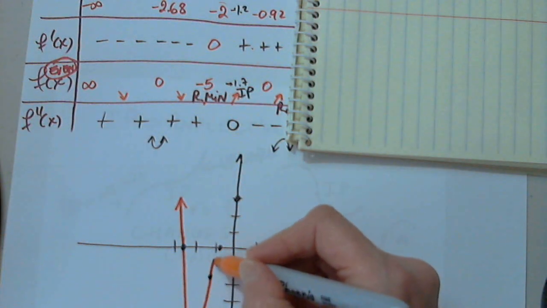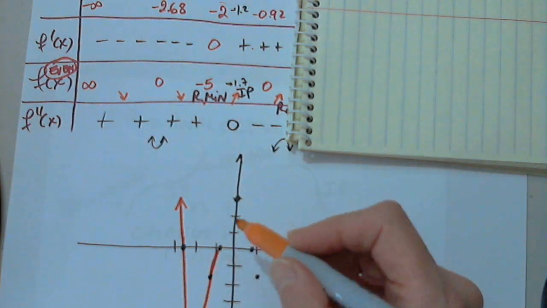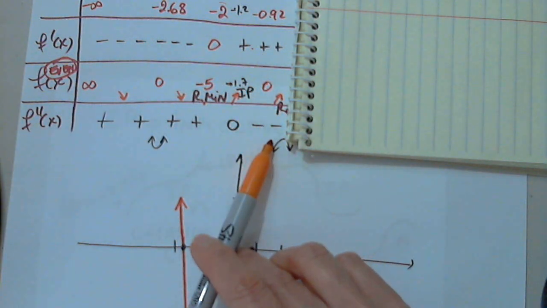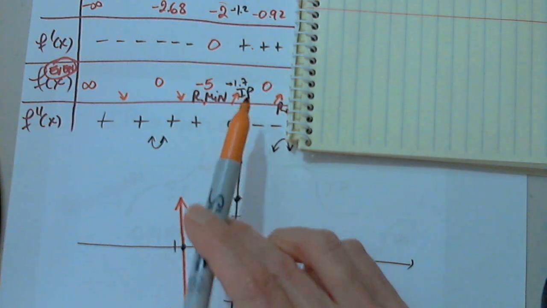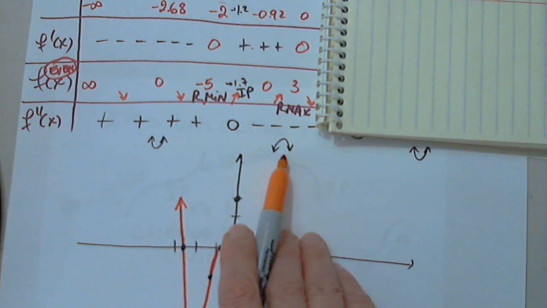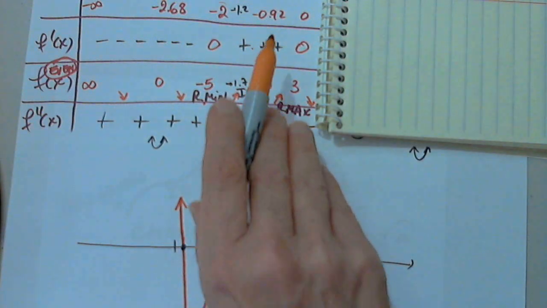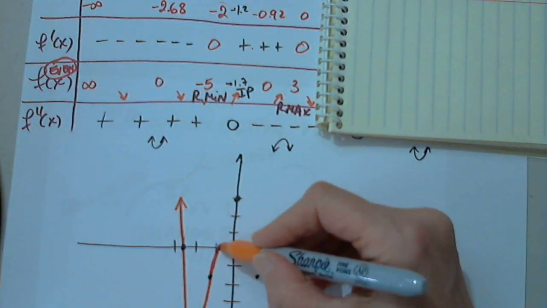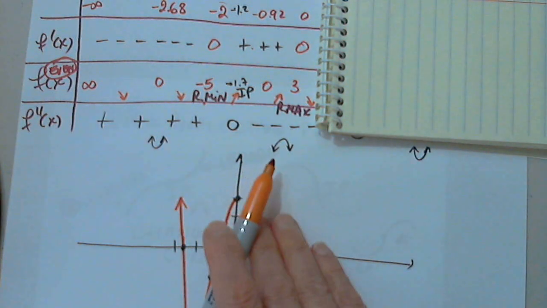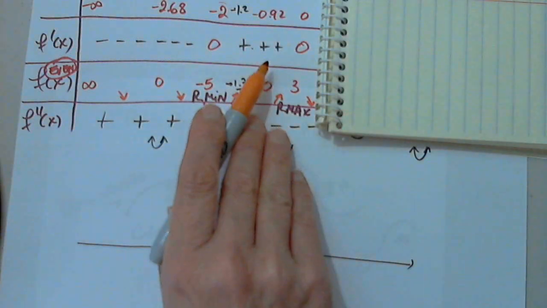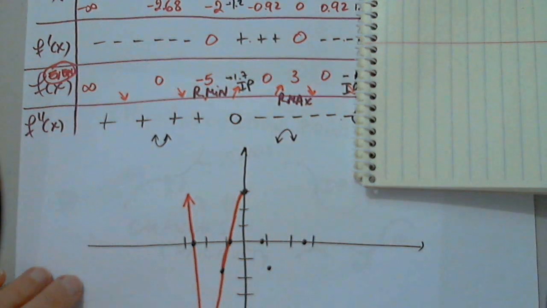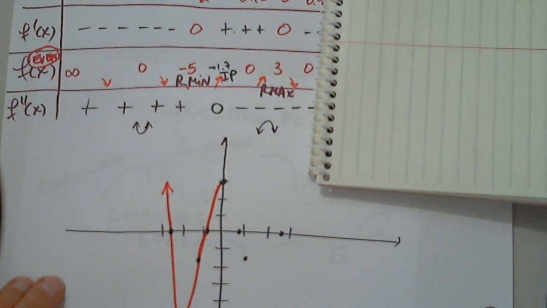So it changes concavity and continues to increase, opening down to this x-intercept. Moving on, it continues to open down, going to the relative max on the y-axis at 3. Opening down, increasing to 3. At this point, I should stop.